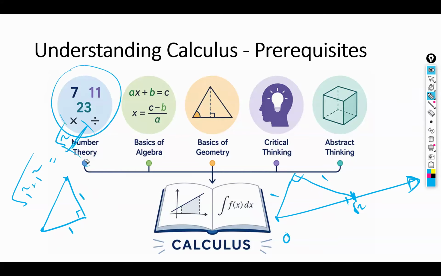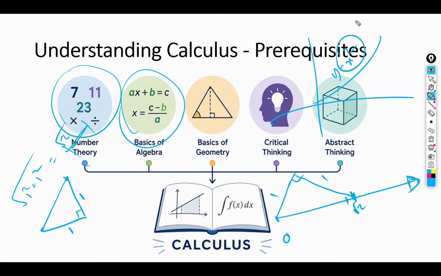Then basic algebra. Because these curves are represented by algebraic equations, maybe y equals x squared or f(x) equals x squared. So then you must know what this minimum point is, and the line of symmetry. Of course, sin x, cos x, cubic, plus 2x plus 2, x squared plus 1 divided by x.